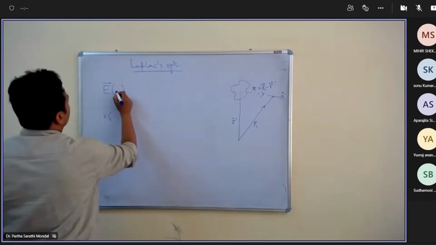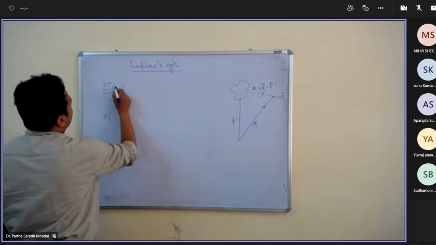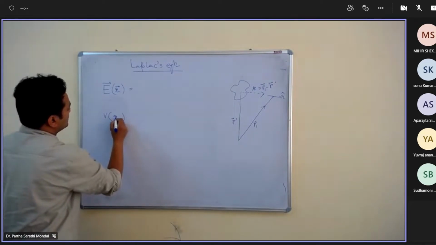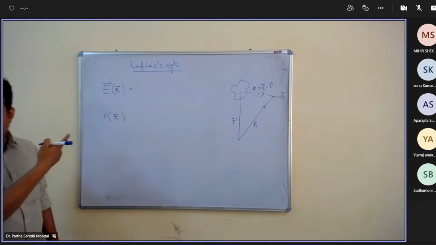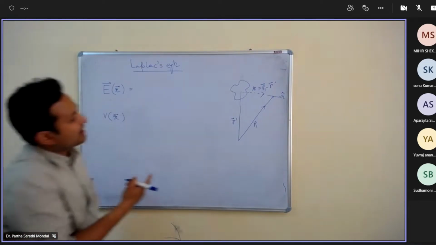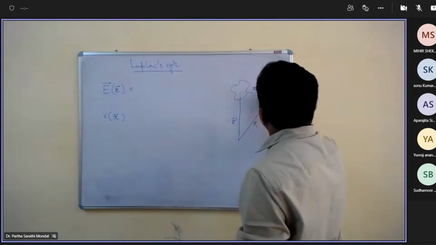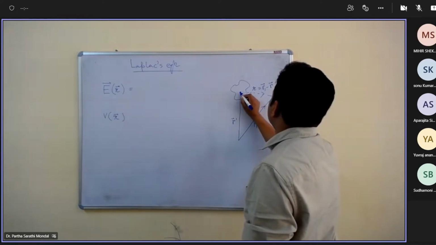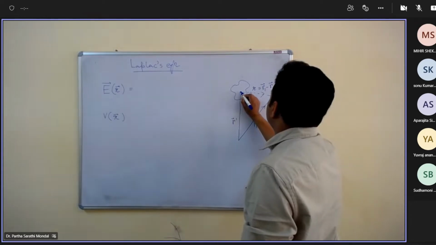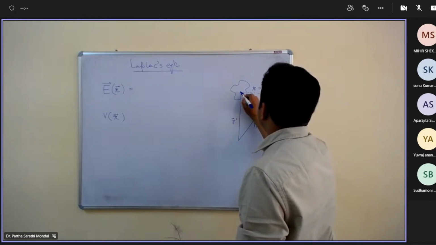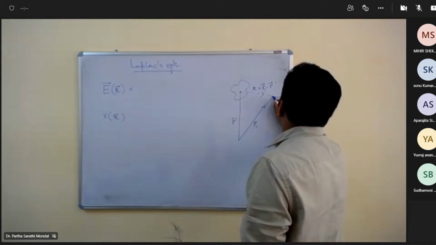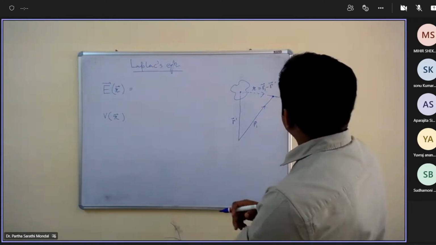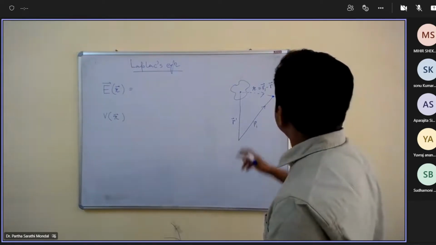So let's say if this is your R, then we can write this one also. So this is, मैं simplicity के लिए बता रहा हूँ, ये R mix ना हो जाए. So ये R जो है, this is the direction, this is this vector. Okay, the distance between the center of gravity of the charge distribution to the point of interest where we are wanting to find out the electric field or potential.